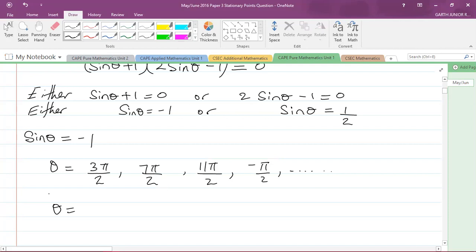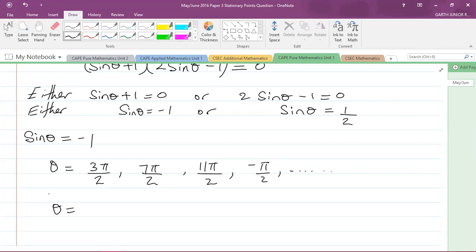I'm aware that many students use a formula to generate the general solution, but I'm not going to use a formula, because based on the solutions that you're getting, you must observe that there is some kind of pattern. You must generate the solution based on the pattern that you're seeing.